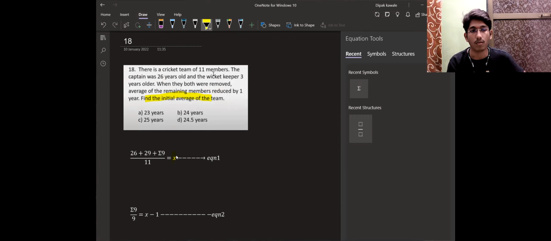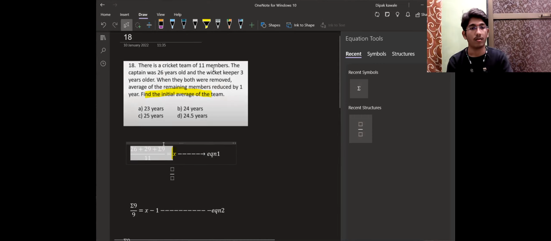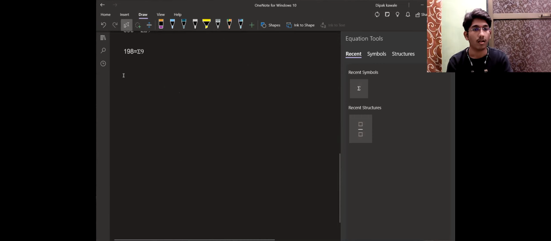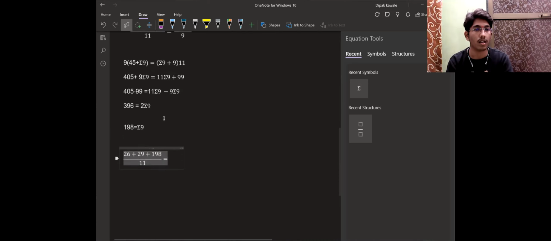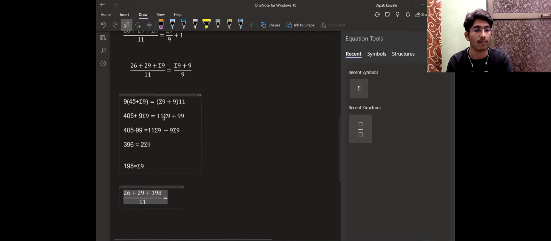So we will add it in equation 1. Now if we add the value, it is 198, and the value of x is like 26 plus 29, as earlier we have calculated, is 45.